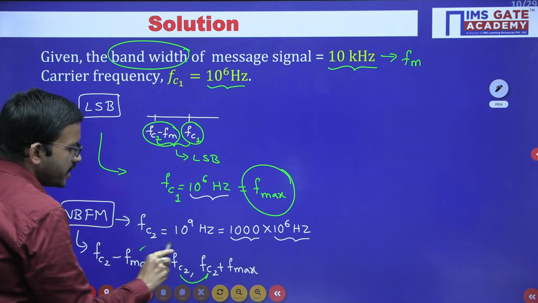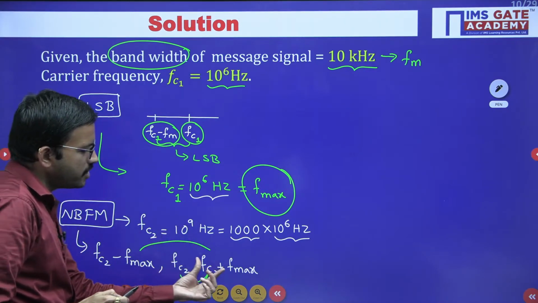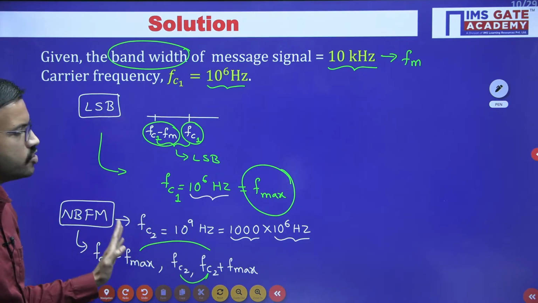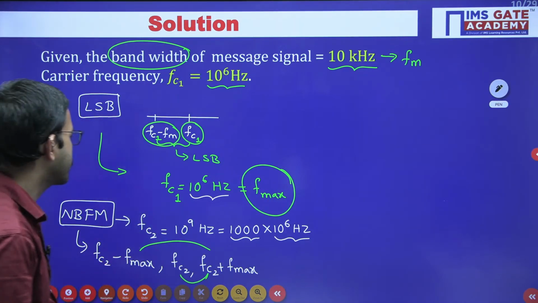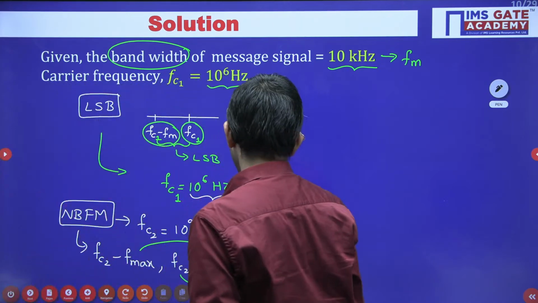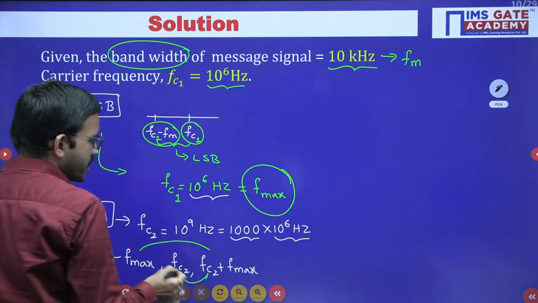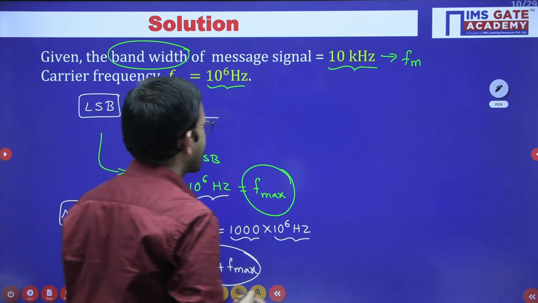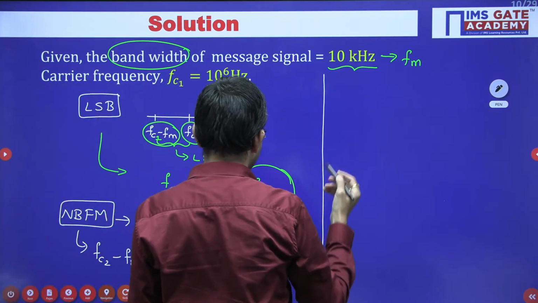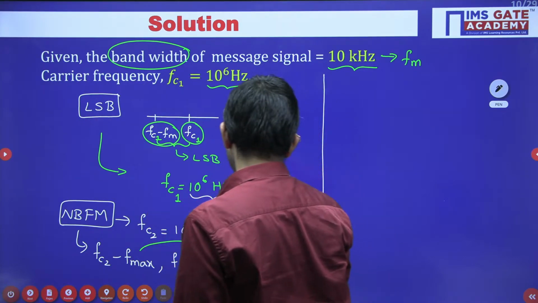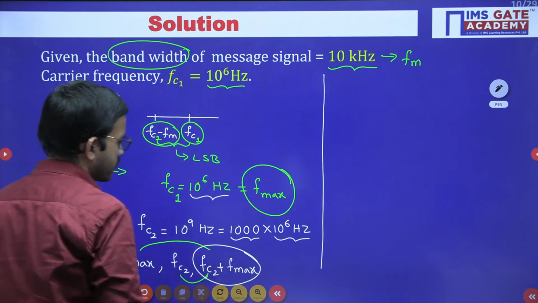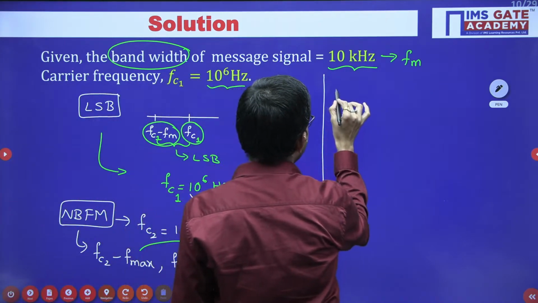Otherwise you can subtract the lowest from the highest frequency and get the bandwidth. Whichever method is convenient, you can follow, no problem. Here for the timing I will consider FC2 plus F max. FC2 is this one, and FC2 plus F max, I will write here.